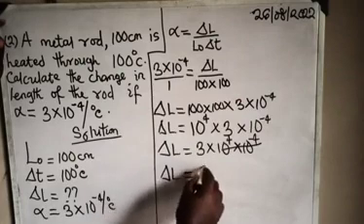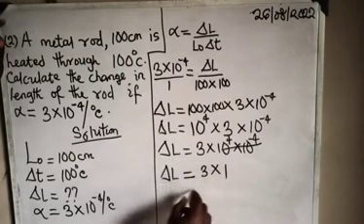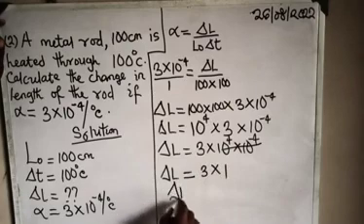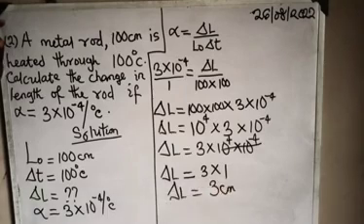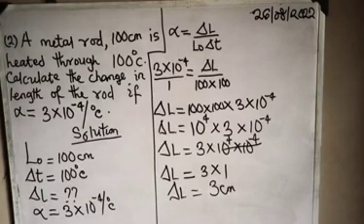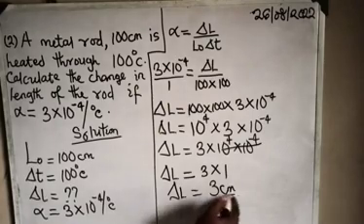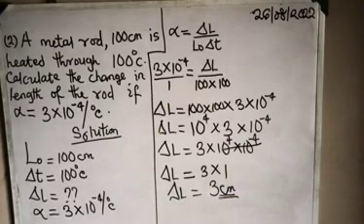So 1 times 3 will give us 3, so the change in length is 3 cm. That means the metal rod was increased by 3 cm when it was heated to 100 degrees Celsius. So this is the answer for the change in length.